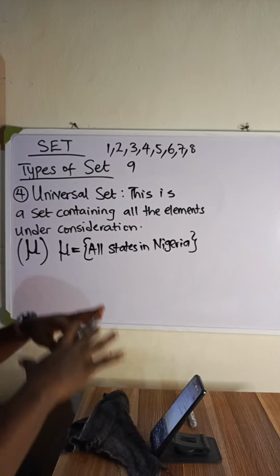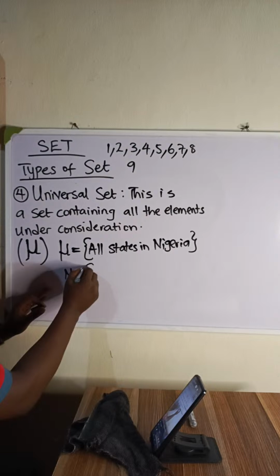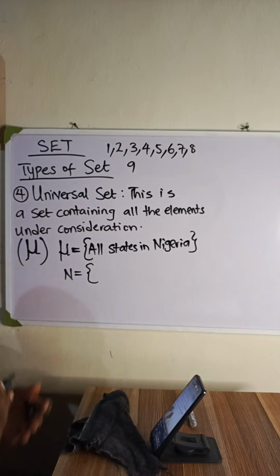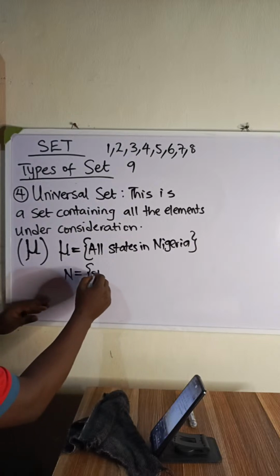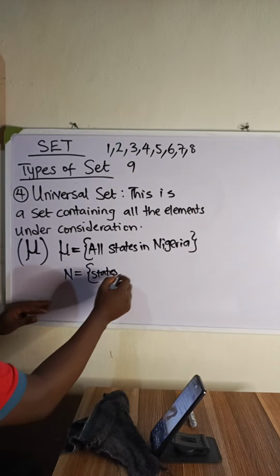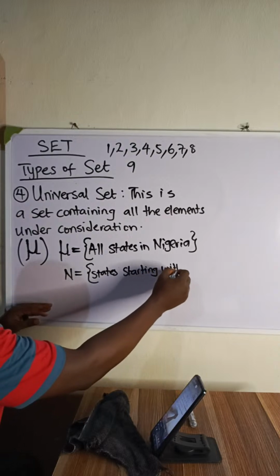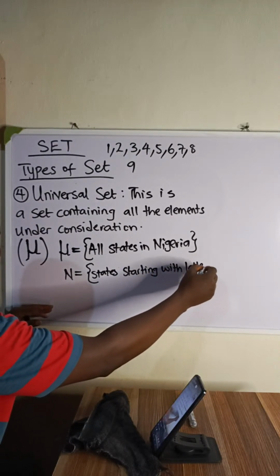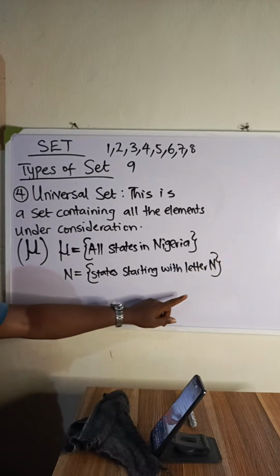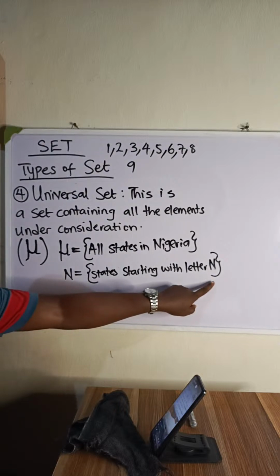That means you can have smaller sets under this big set, which is, for example, states starting with the letter N. Sorry, those on TikTok, I went beyond the boundary. States starting with the letter N.